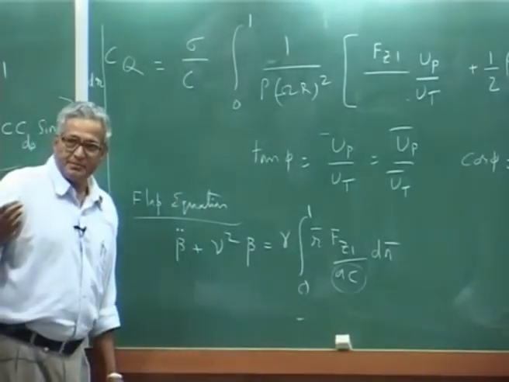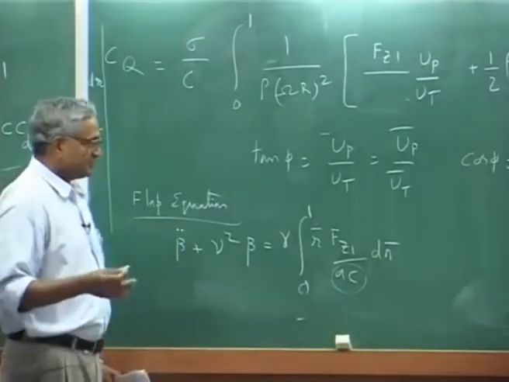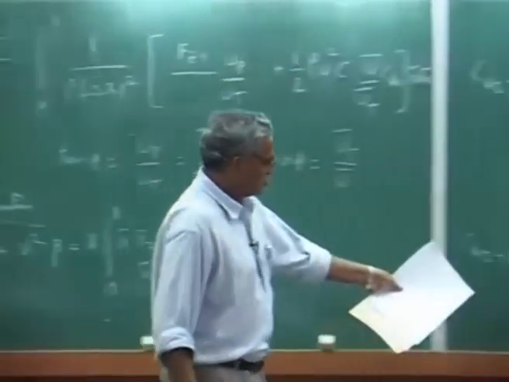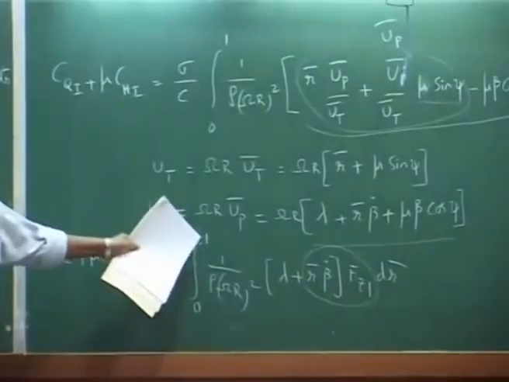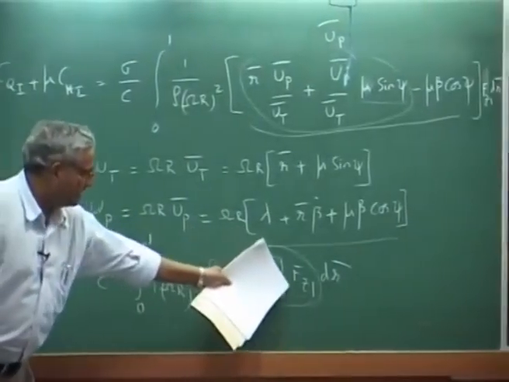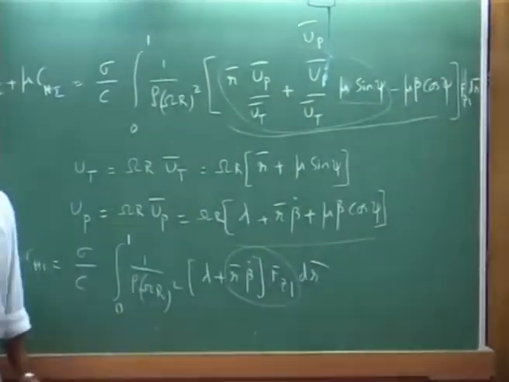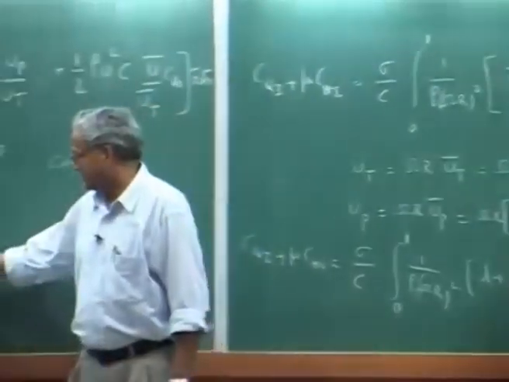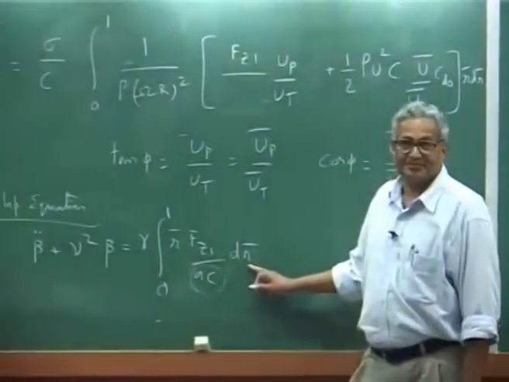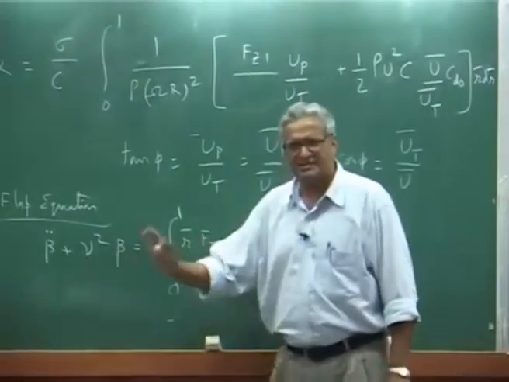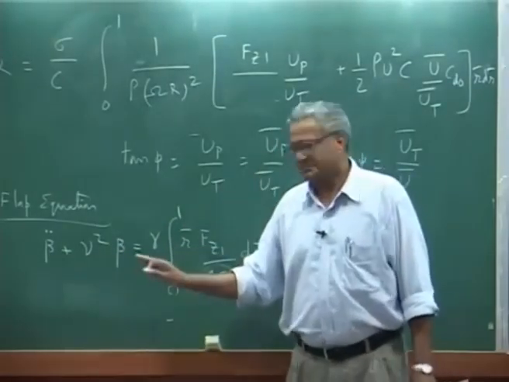One way of writing it is, this is also 0 to 1 r bar f z 1 dr bar. So this nu square is a frequency term.